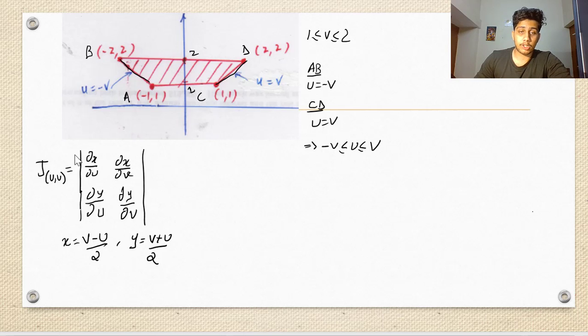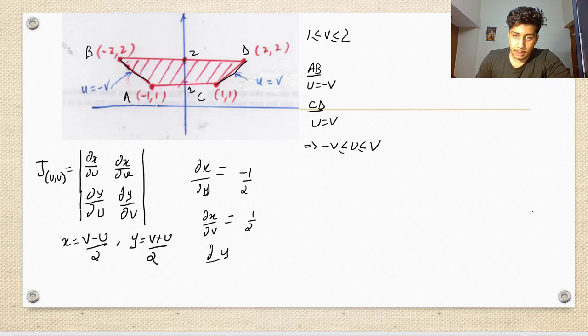From these equations, we can clearly tell that del x by del u is equal to minus 1 by 2, del x by del v equals 1 by 2, del y by del u equals 1 by 2, and del y by del v equals 1 by 2.